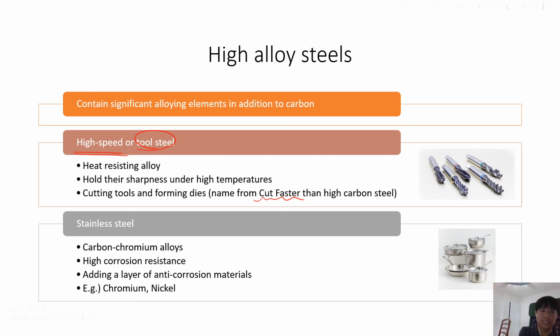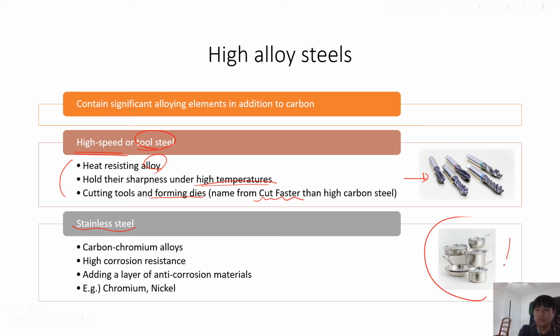It has a heat resisting alloy because, for example, a driver bit gets a high temperature while working, but it resists that. At high temperature, it does not easily change shape and holds its sharpness. That's why we use this type of steel for drill bits, cutting tools, and forming dies. That's their usage. And the other type of high alloy steel is stainless.